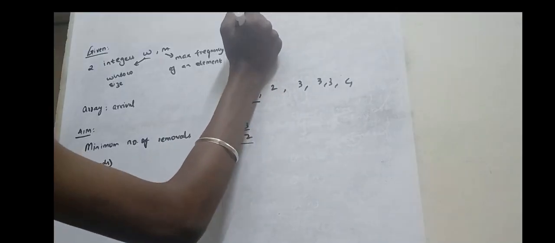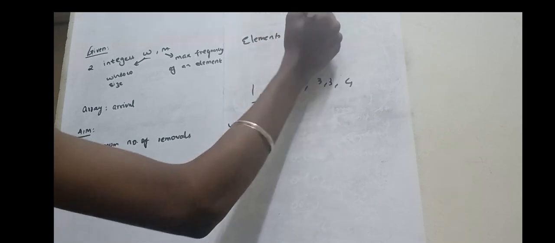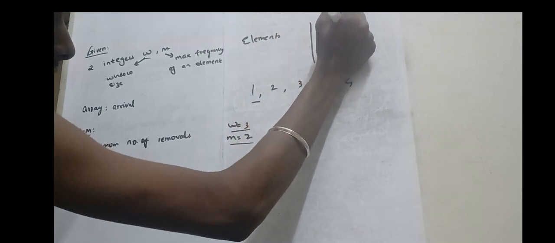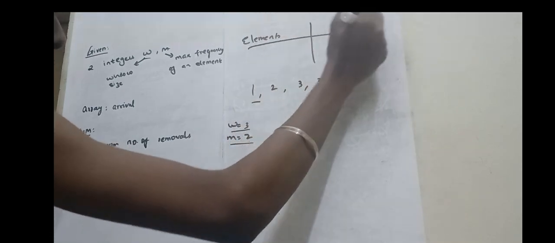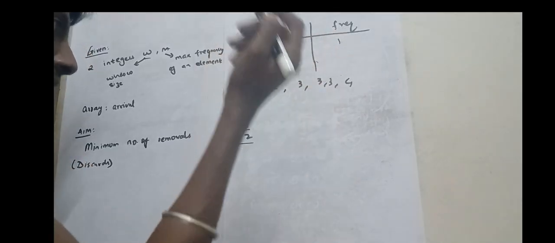So let's say these are the elements over here. This side indicates the elements, this side indicates the frequency. So here 1, so far we got 1. So it's accepted because 1 is less than 2.